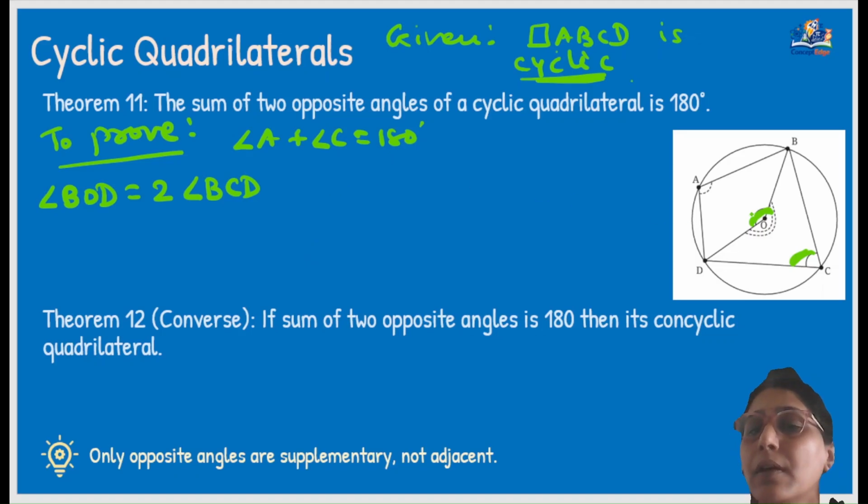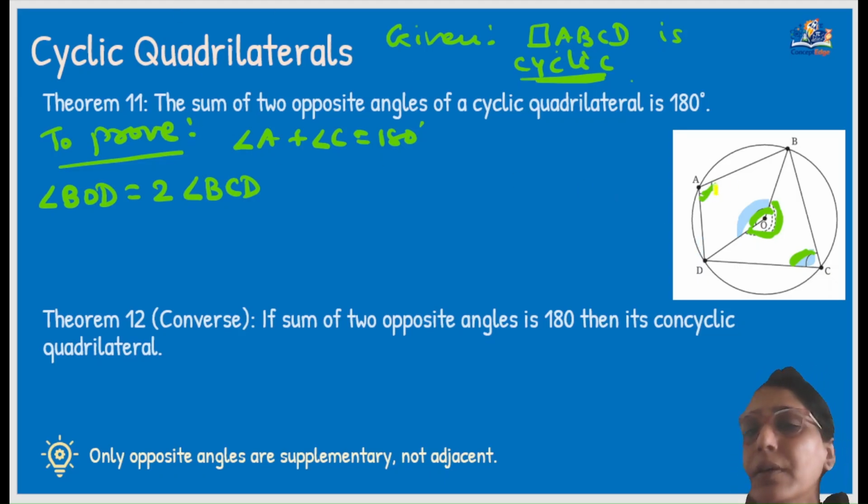Now for angle A, which is on the other side, we have to take the reflex angle as the central angle. This is a very important concept. When I take angle C as a segment angle, this angle BOD is the central angle, which we have already done.